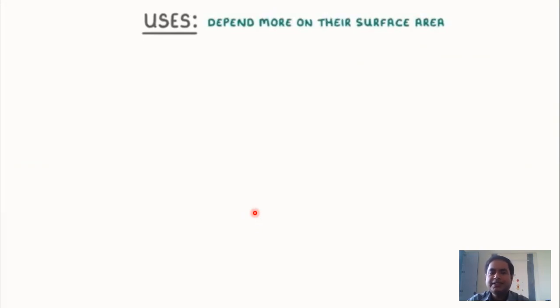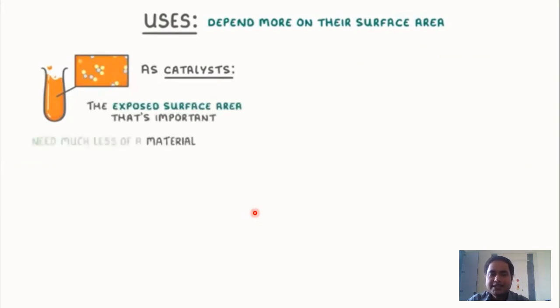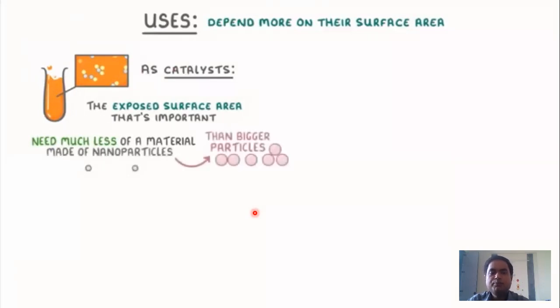There are several uses of nanoparticles, and they depend on their surface area. Nanoparticles can be used as a catalyst. For a catalyst, the exposed surface area is the most important point. It needs much less material made of nanoparticles than of a bigger particle.